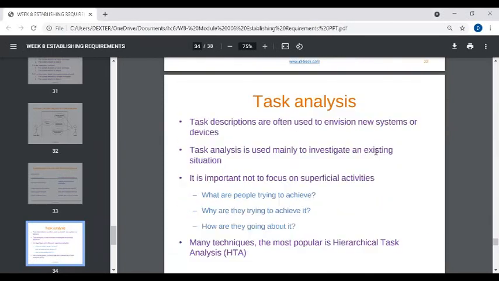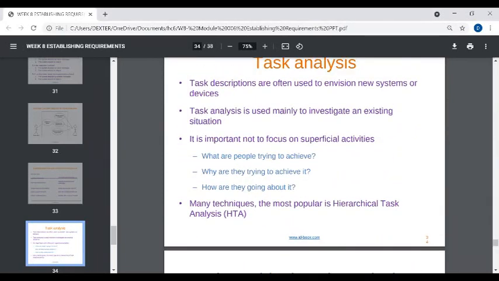Next, we have task analysis. So, task analysis is used mainly to investigate an existing situation. It is not used to envision a new product. It is used to analyze the underlying rationale and purpose of what people are doing.